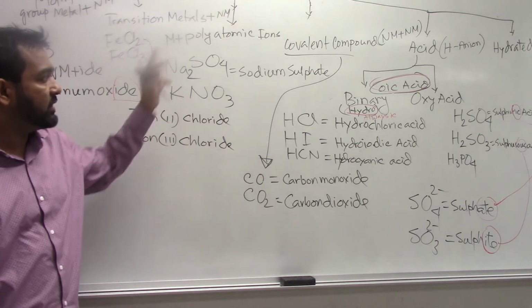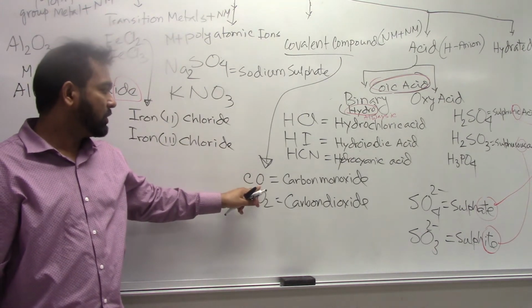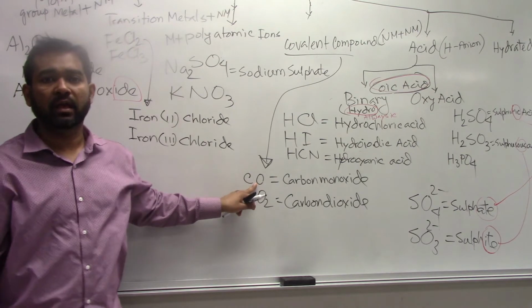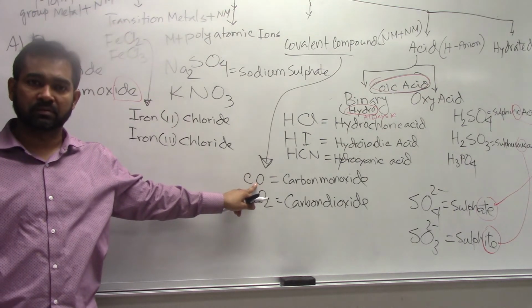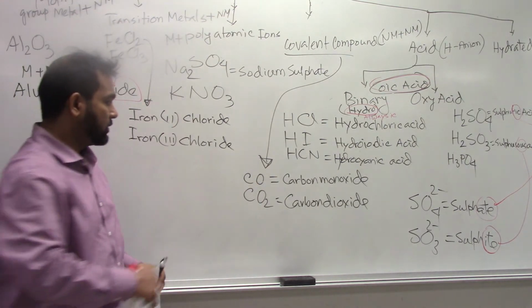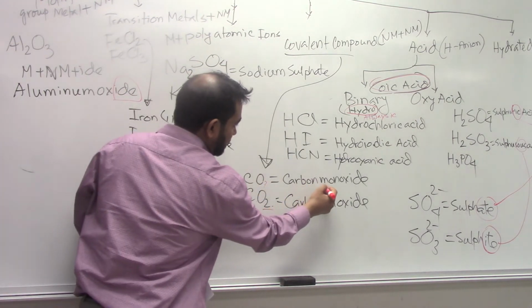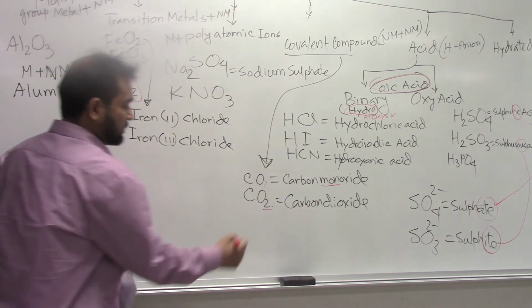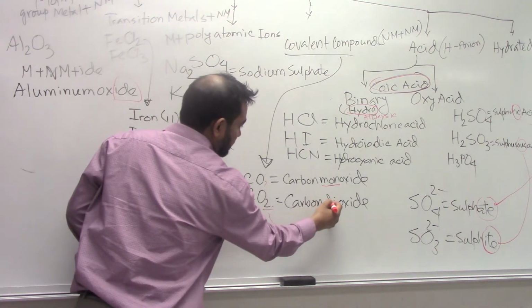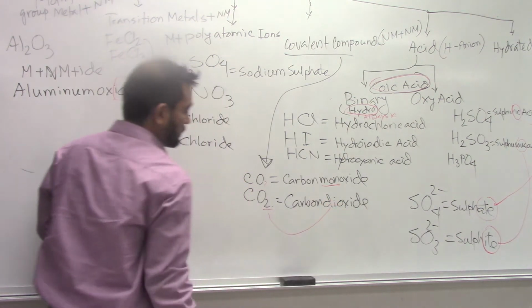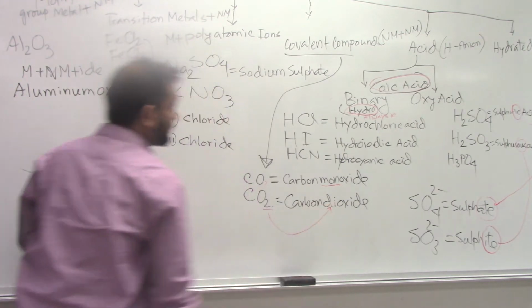So go back to covalent. In covalent, we only care about the subscript, and the subscript comes as a prefix, right? 2 becomes di. You see, di.